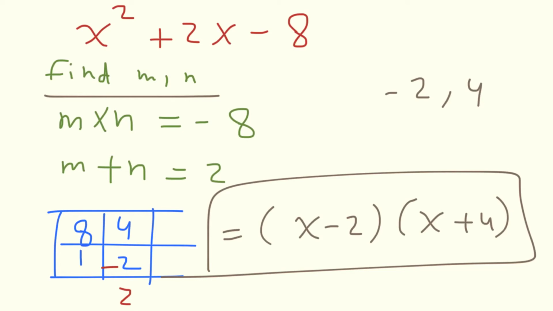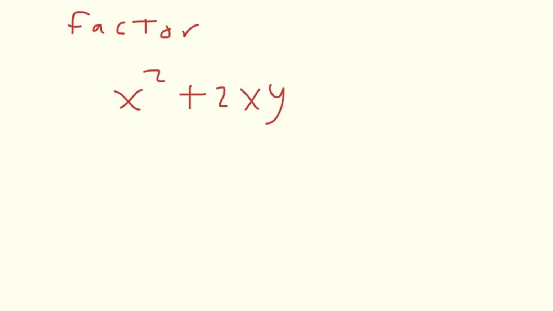Let's see another example. The question looks like this. Factor x squared plus 2xy, I'm adding a y component here. I just put this in a different color.